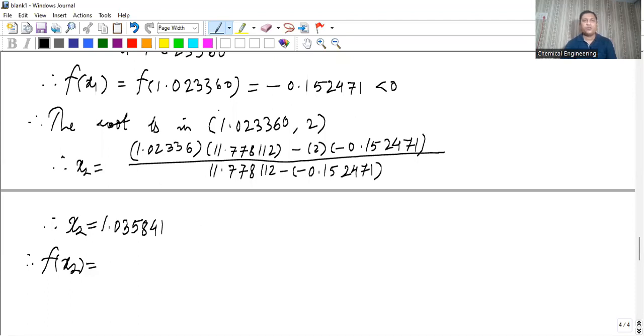1.035841. That's good. Okay, others please put your values in the chat so you can compare. Or if you are happy with the same answer, then no need to put in the chat. So now we have to calculate what is the function value at this point. So the function value at 1.035841, we can calculate this value.